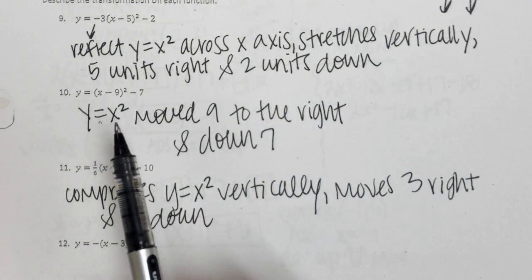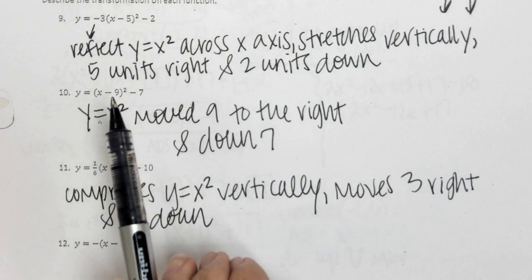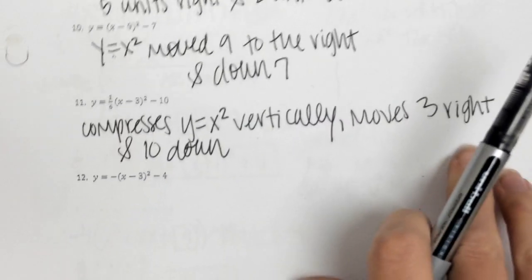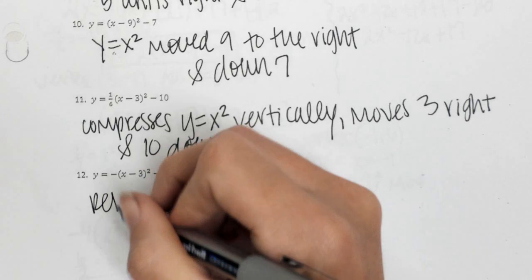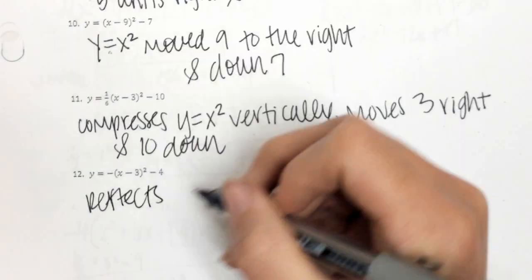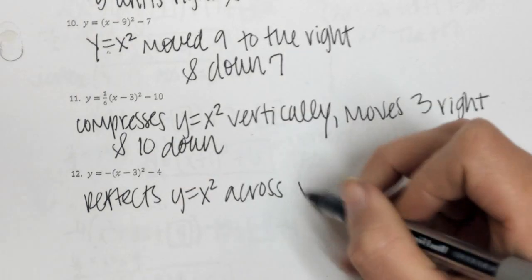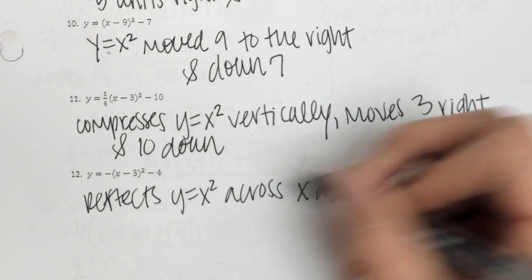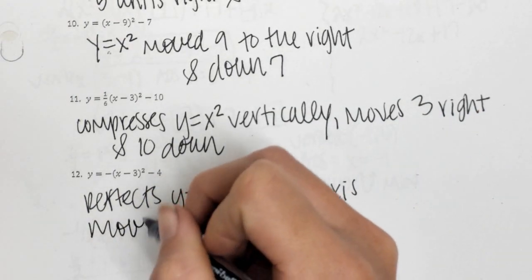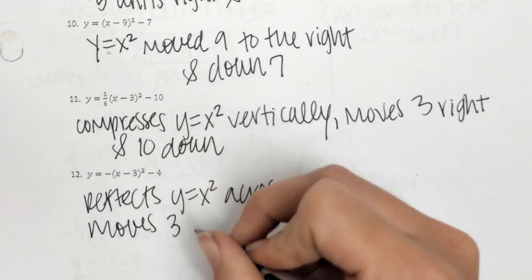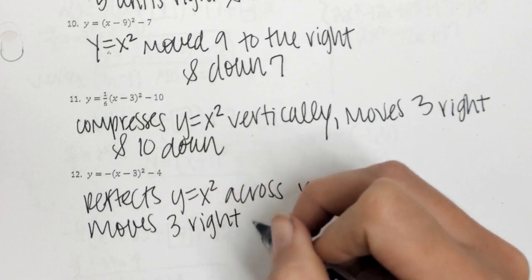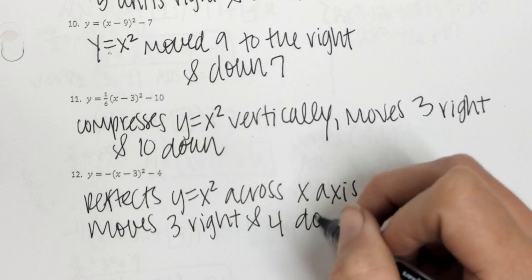It's y equals x squared parent graph. Move 9 to the right and 7 down. For this one, it reflects y equals x squared across x-axis. Moves 3 right and 4 down.